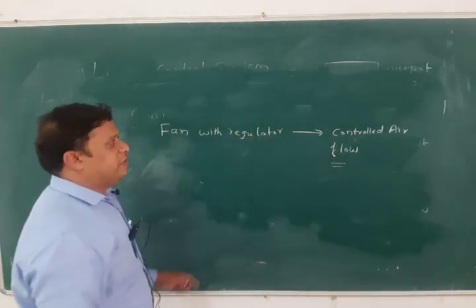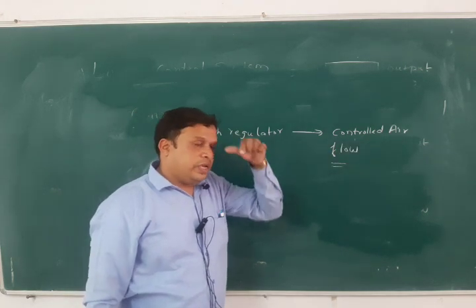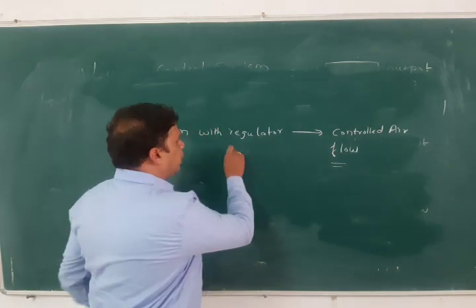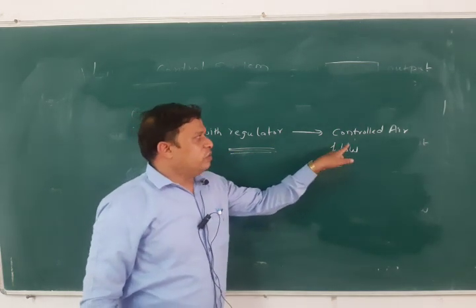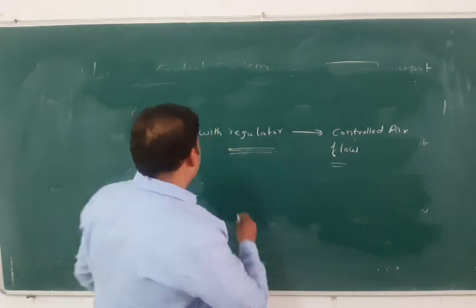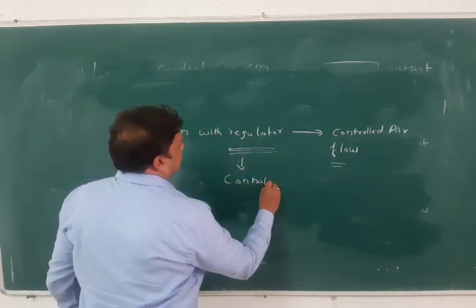A fan with a regulator gives the output as controlled airflow. This is called a control system example.